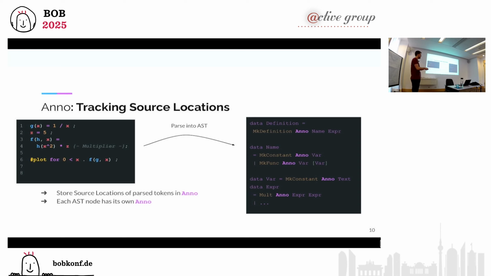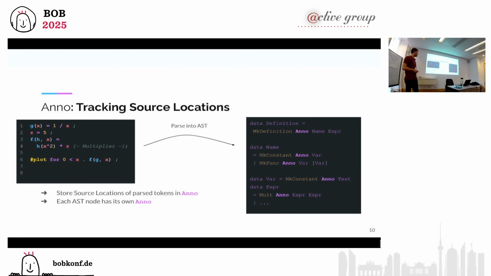This annotype will store all the parsed tokens of this program as originally written, so that we can accurately reproduce them. And we also have to add one value of this type to each and every one of our constructors of our AST, since our AST usually corresponds to one or more concrete syntax trees, right?